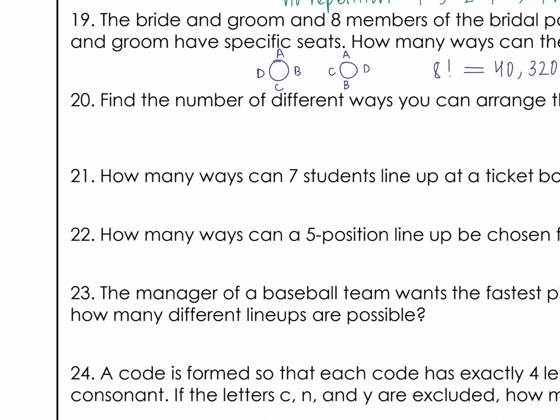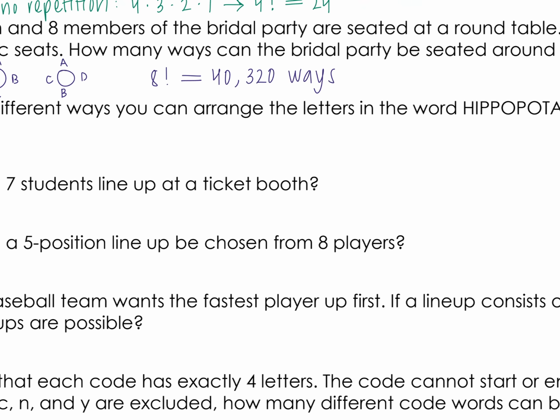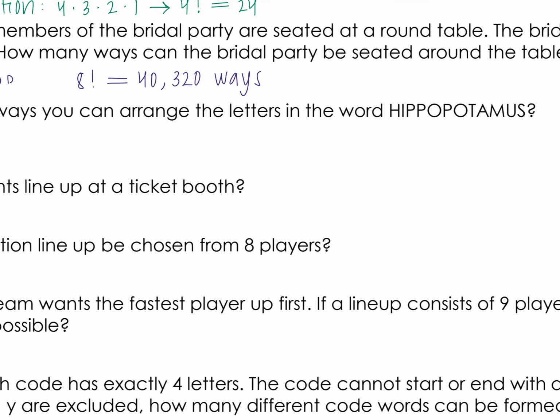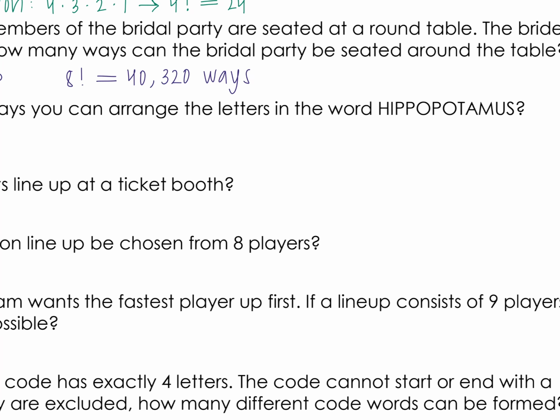All right, number 20. We have, find the number of different ways that you can arrange the letters in the word hippopotamus. Okay, so hippopotamus, we've got 1, 2, 3, 4, 5, 6, 7, 8, 9, 10, 11, 12 letters. So we're going to start with our 12 factorial. And then remember, we can't stop there unless we've confirmed that there's no repeats.